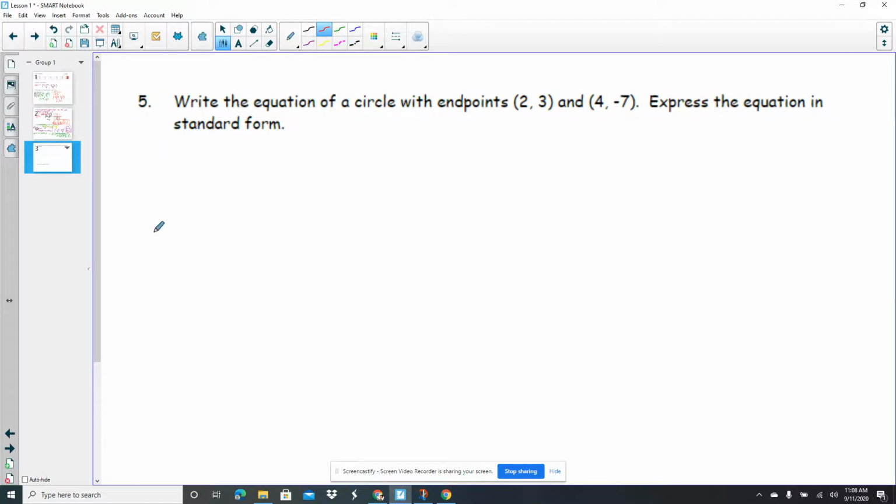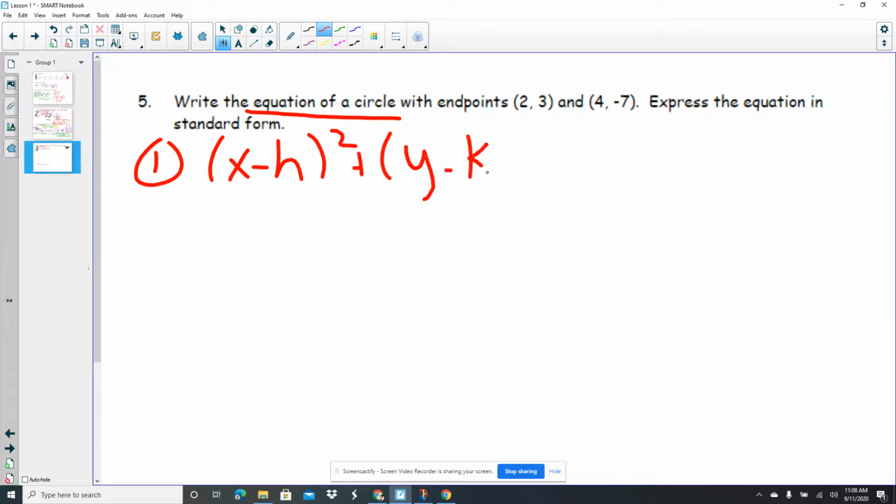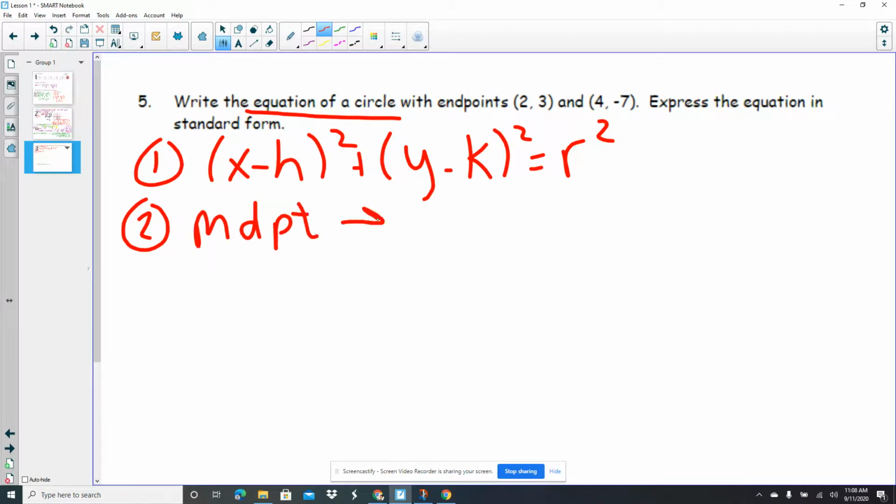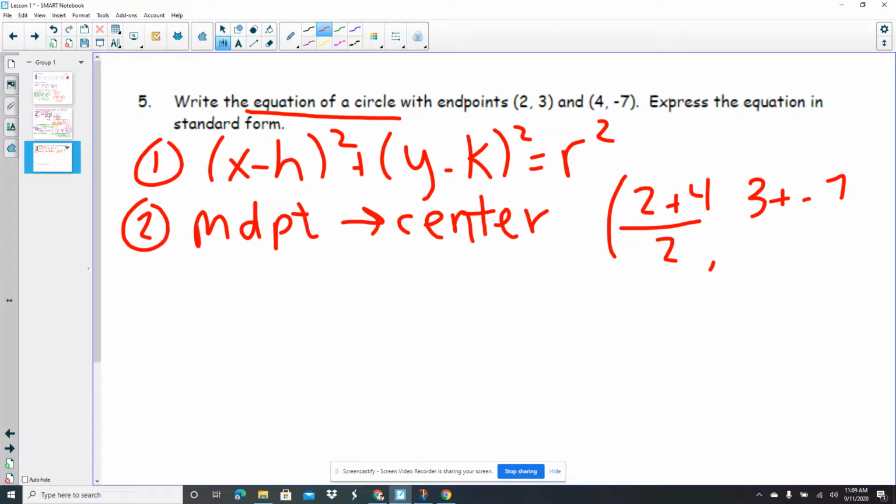Pause it and then start it up when you want to check your work. All right. Any questions on that, please?